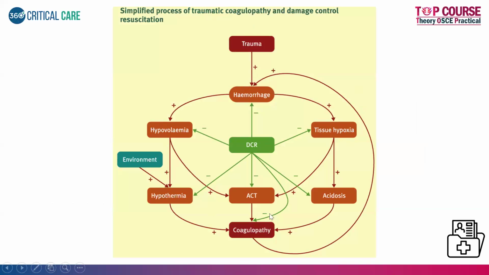That is your lethal triad of death that causes acute coagulopathy of trauma. Okay, along with your environmental factors, this would worsen. Damage control resuscitation usually helps us prevent all of this. It helps us understand how to manage hemorrhage. It helps us understand how to manage hypovolemia, hypothermia, acidosis, and tissue hypoxia. By doing this, we can control the hemorrhage or the occurrence of coagulopathy and then prevent death.